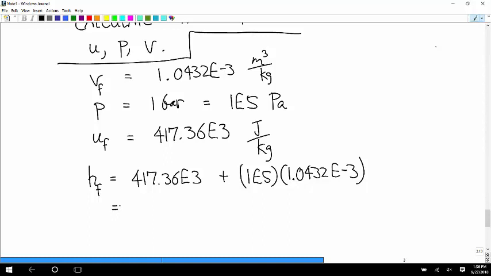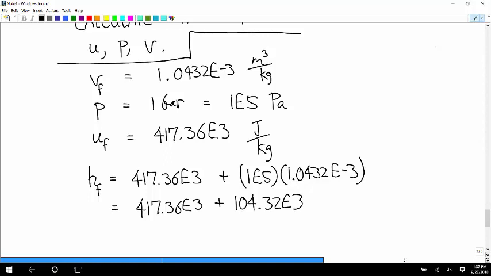And that comes out as 417.36 times 10 to the third, plus 104.32 times 10 to the third.